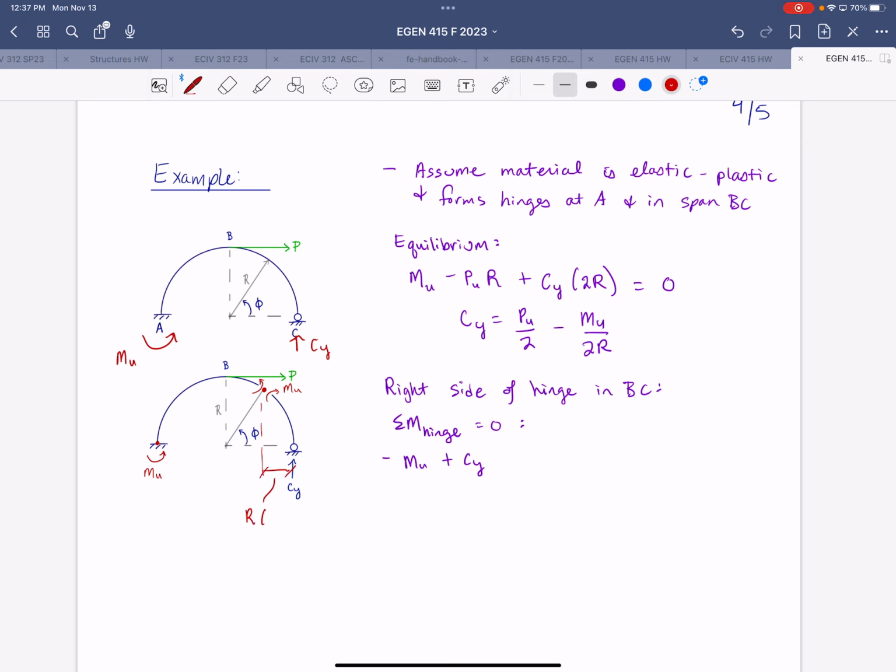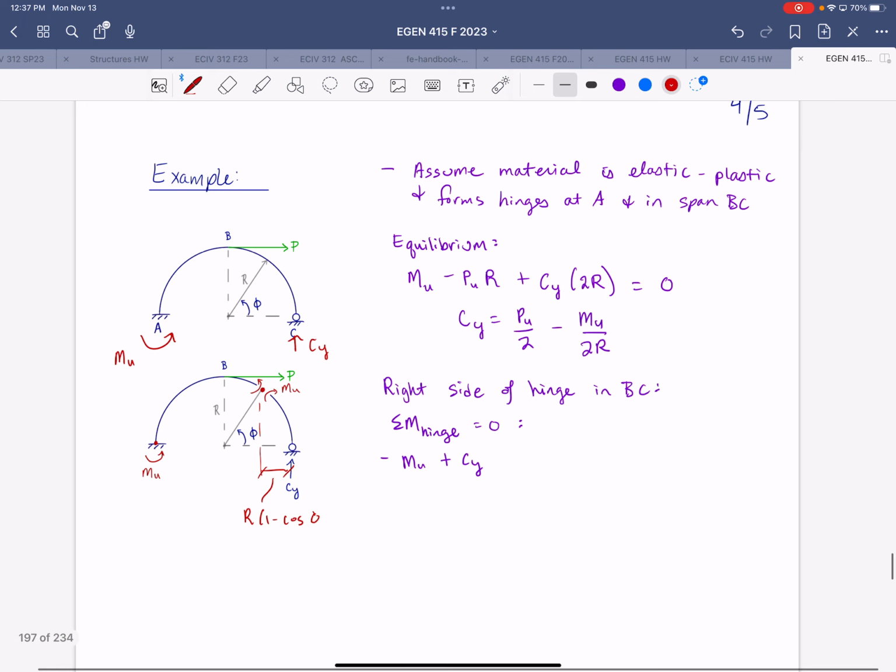That's going to be R times 1 minus cosine phi. I'm using phi to measure the angle there. So we have negative Mu plus Cy times R times 1 minus cosine phi is equal to 0.